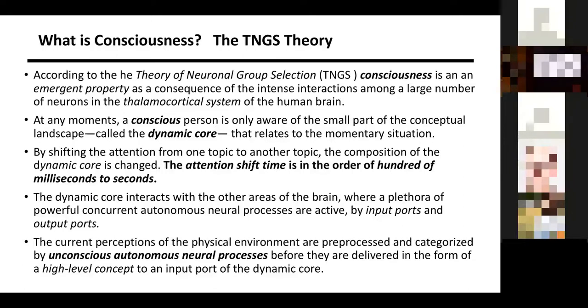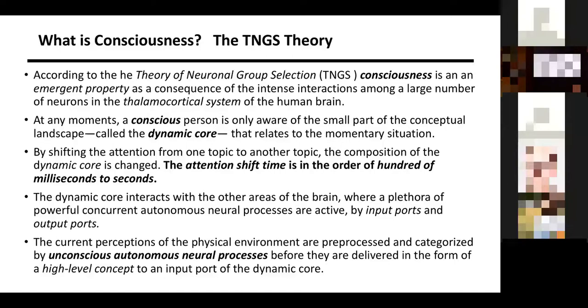And what they also posited in their DNGS model is that the dynamic core interacts with the other areas of the brain by input ports and output ports. That's a very nice way of looking at it. So when you, for example, give a command to your larynx to produce speech, you just give them a word, and there's some autonomous process that controls the muscles of the larynx to give the sound to the environment.